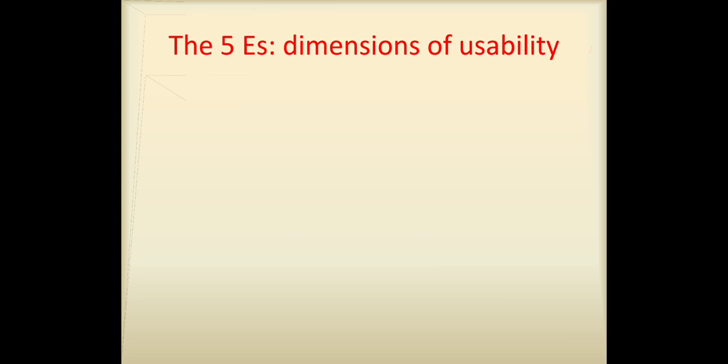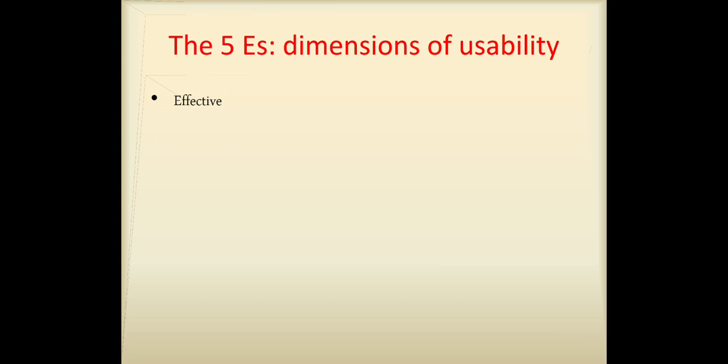We call these 5 E's the dimensions of usability. These 5 E's are effectiveness, efficiency, engaging, error tolerance, and ease to learn. We go on exploring these 5 E's one after the other.